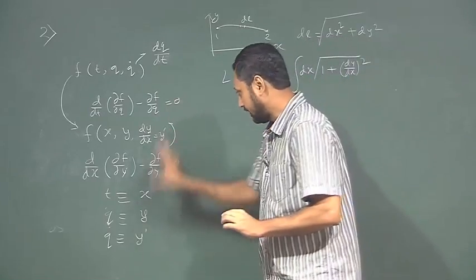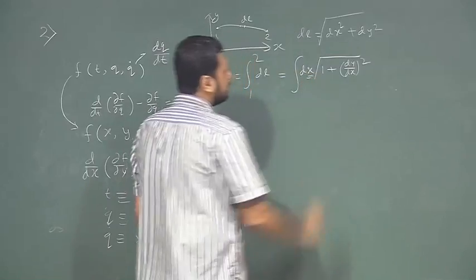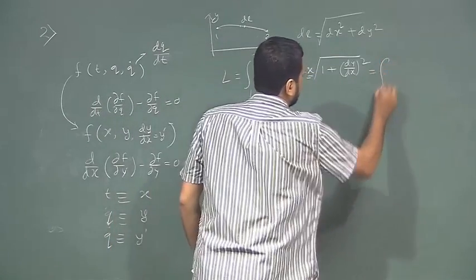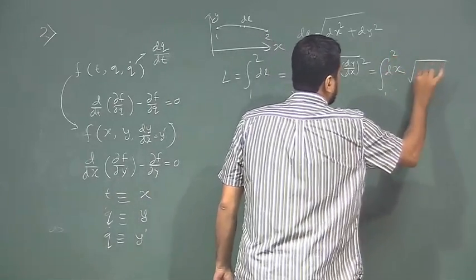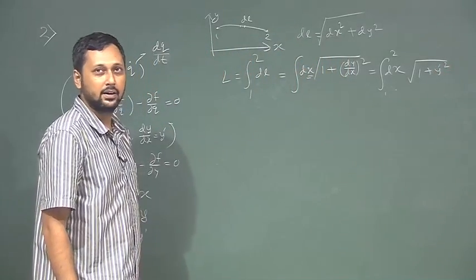So, following the same logic here, we see dx is our independent component. So, this is nothing but the integration of dx between 1 to 2, root over 1 plus y dash square, right, is it not?